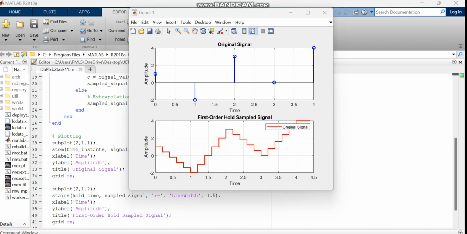And for interpolation, when we take the next sample, we interpolate between the current sample and the next sample to estimate the signal value between the two sample points. So first order hold is simply a conversion technique used in signal processing, which is used to convert analog to digital.